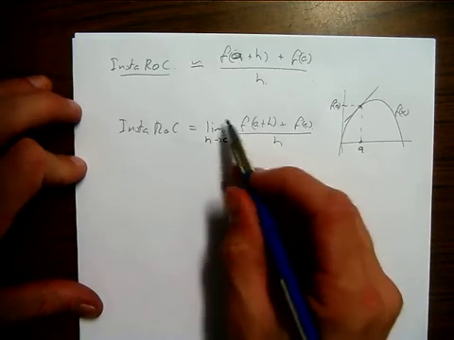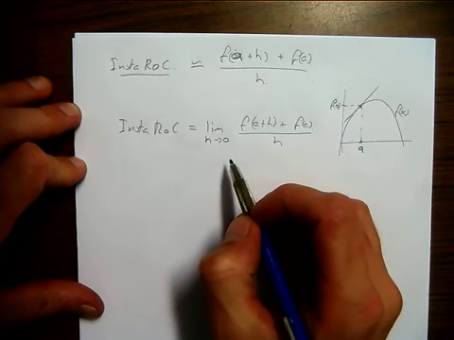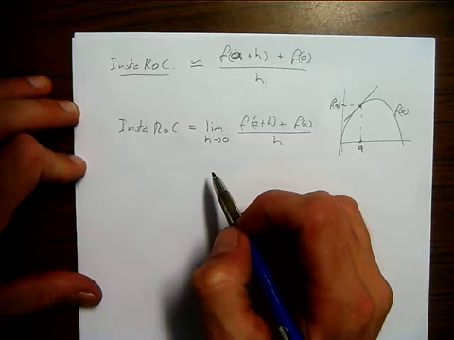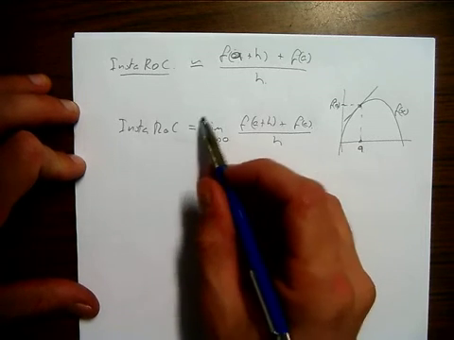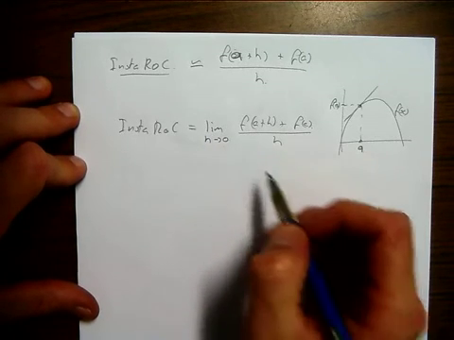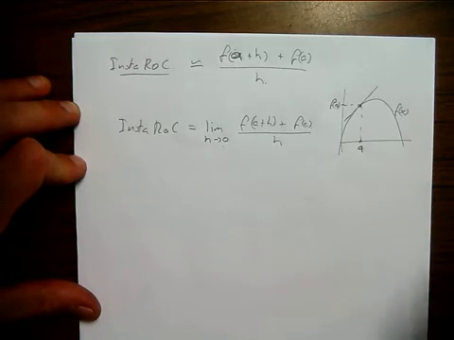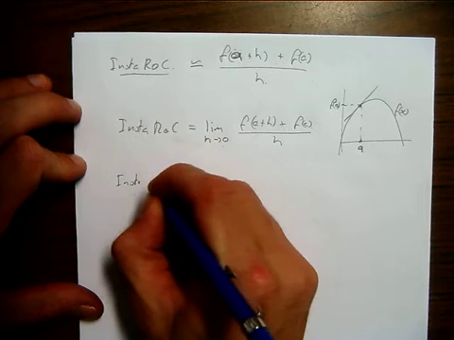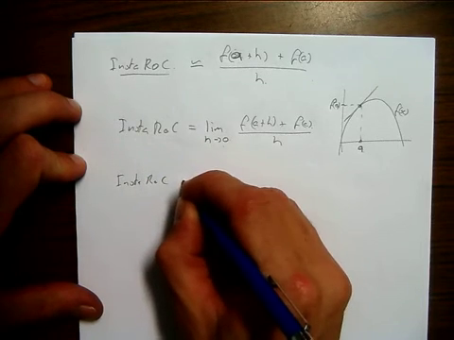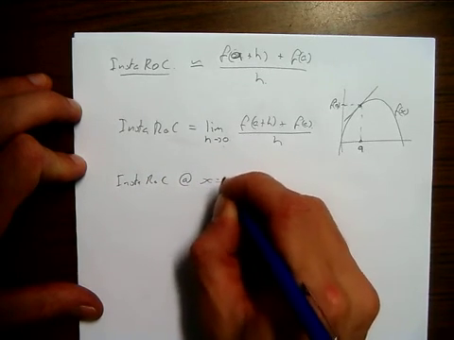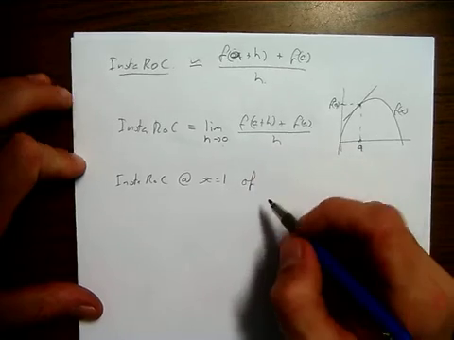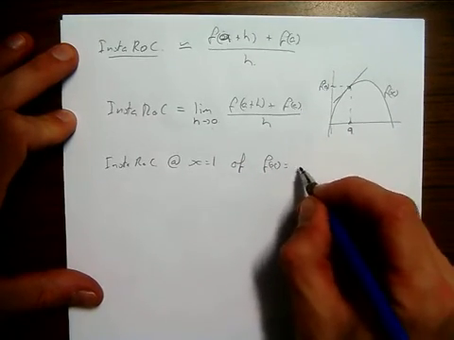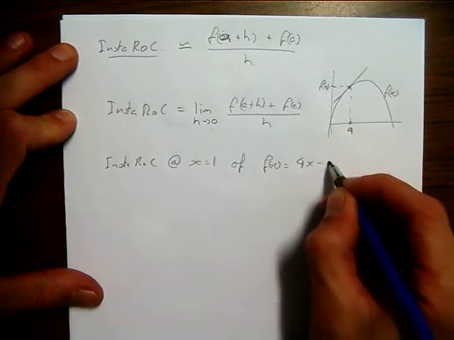Now this is a new thing that you haven't seen before, or at least we haven't done in class. Have you seen it in Math C? Probably not, no? So let's have a look at how we can work with this. Let's do the same question we did before. I want to know the instantaneous rate of change at x equals 1 of f of x equals 4x take x squared.